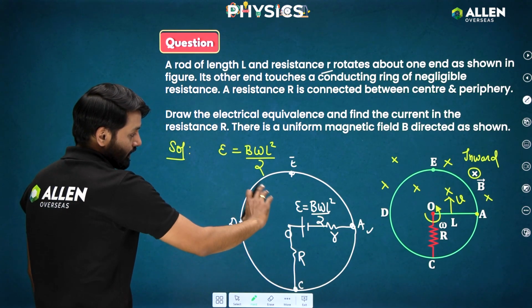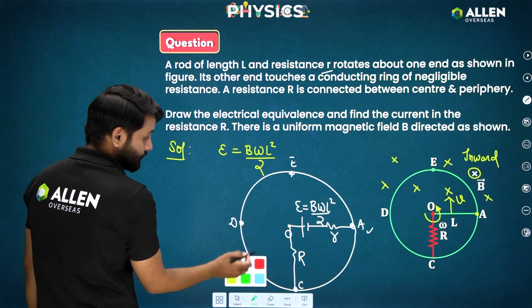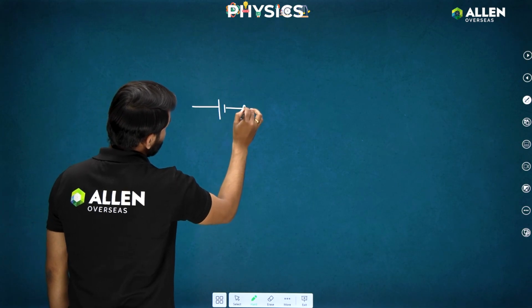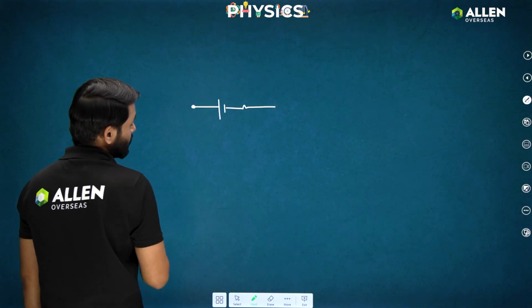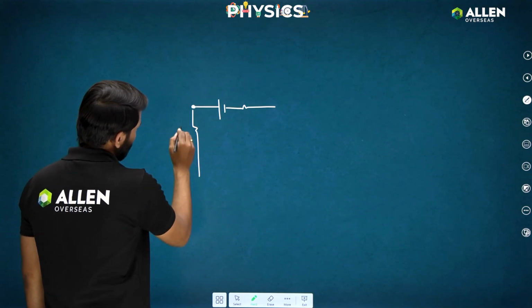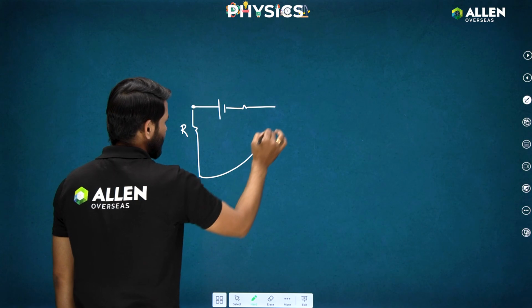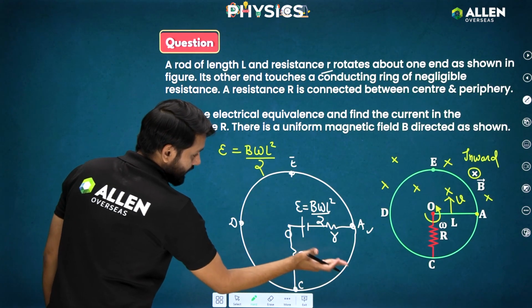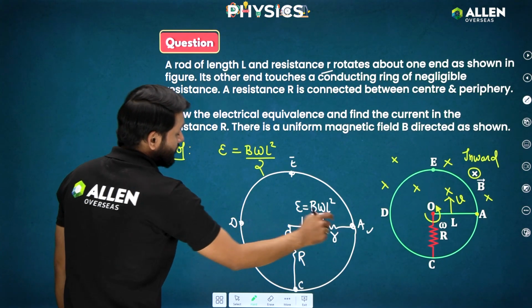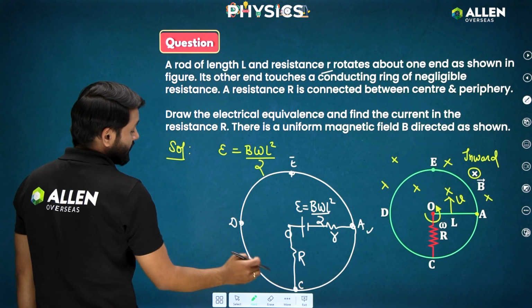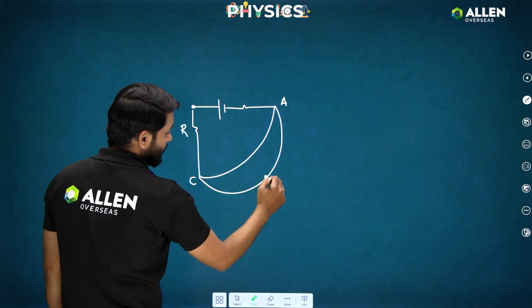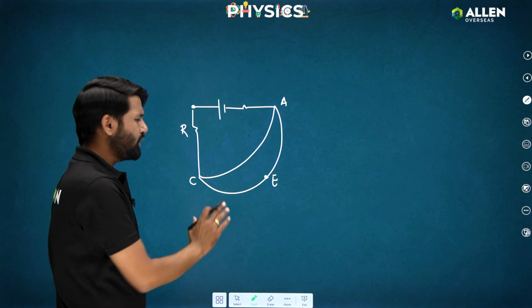So how can we solve this question? Just see. So this is the circuit, this is the resistance, and this point is O. So I am representing this R, and this I am representing like this. This point is A, this point is C, and somewhere here E, right, students? There is no need to represent D.